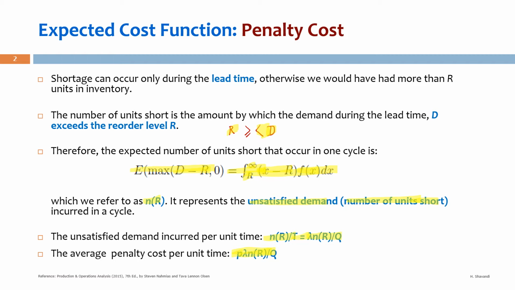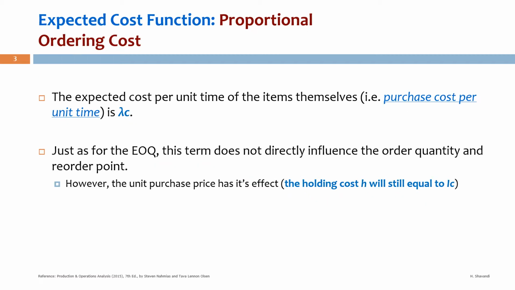The last term here is the expected purchase cost per time unit or per year. Since we have a mean demand of lambda per year, we are expected to buy lambda units of the good, right? And if we multiply this by c, it will be the expected purchase cost per year.